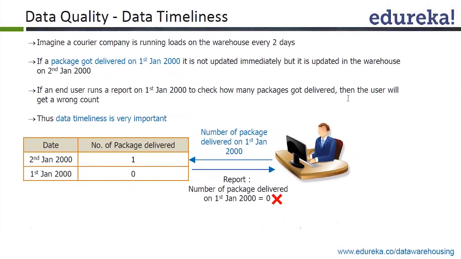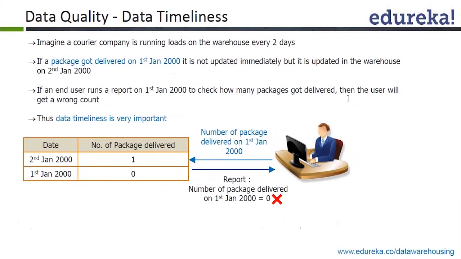So if an end user actually fires the query on the database on 1st of Jan, a product is actually delivered, but your data warehouse doesn't give you the correct count because it's still not updated in your data warehouse. So data timeliness is very important. Data timeliness can be achieved by designing your reporting system based on your user requirement.